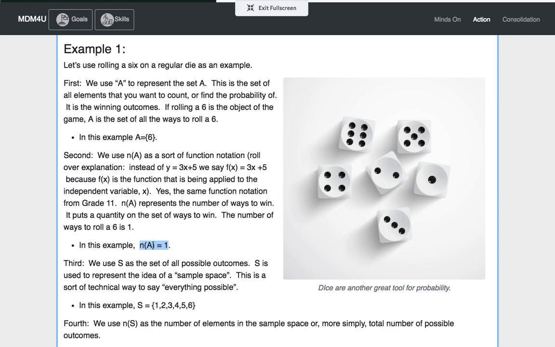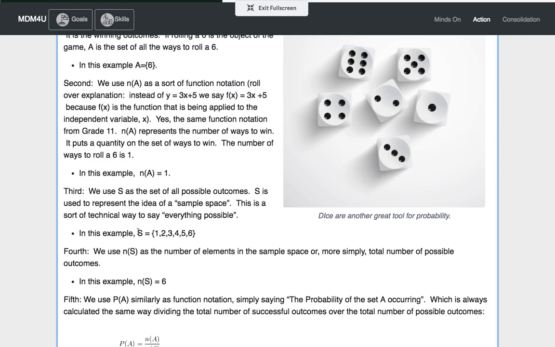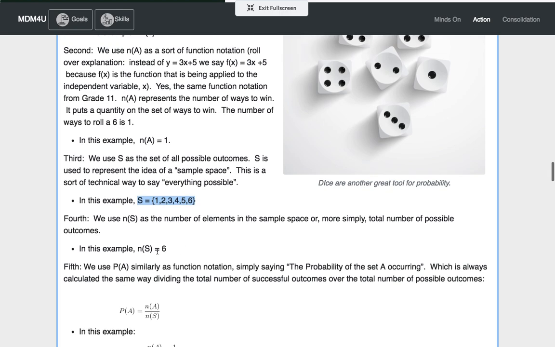So the reason we have this is because there's only one possible way for us to roll a 6 on a die. So there's 6 possible solutions. There's only one solution that actually has 6, because that's what we want to happen. And we use S = {1, 2, 3, 4, 5, 6} because these are all the possible solutions. This is everything possible. So in this case, n(S) = 6.